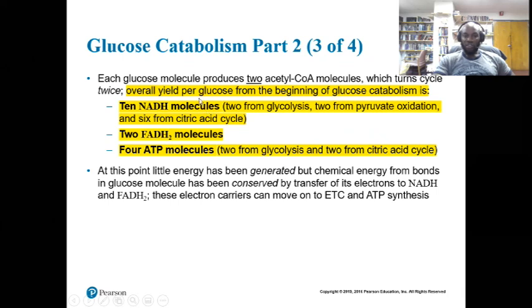These are electron carriers, basically, two FADH2 molecules, and 4 ATP, 2 from glycolysis, and 2 more ATP from the citric acid cycle. Little note here at this point, only a little energy has been generated, but you've conserved energy by transferring electrons to this NADH and FADH2, and that's going to go to your electron transport chain.